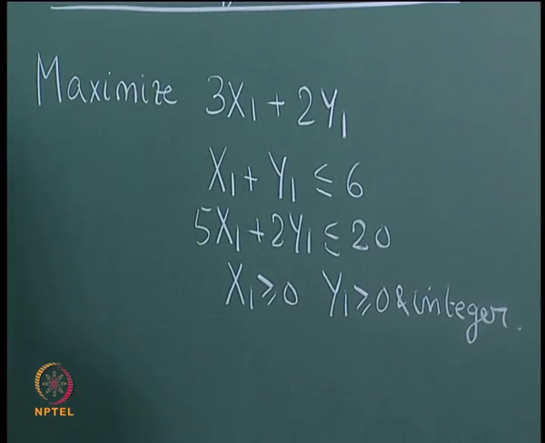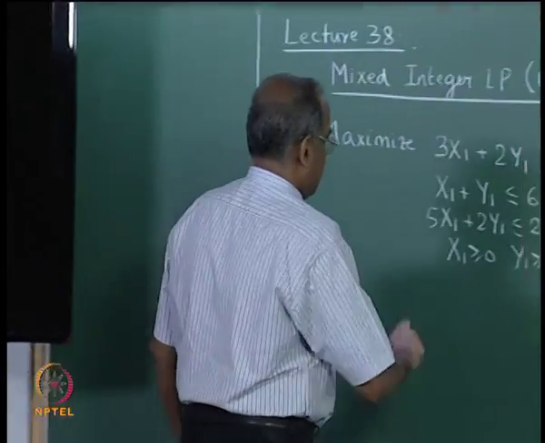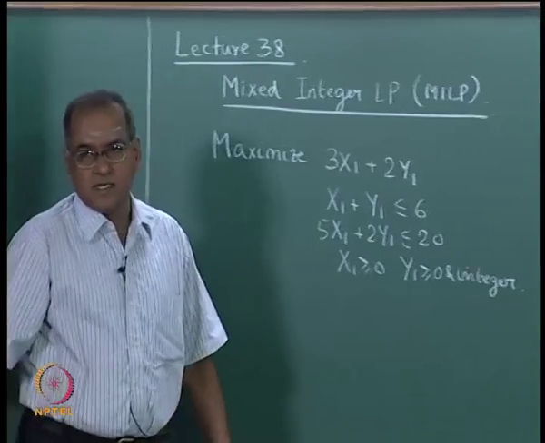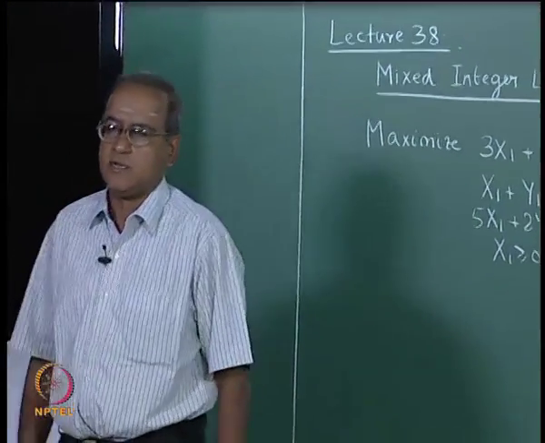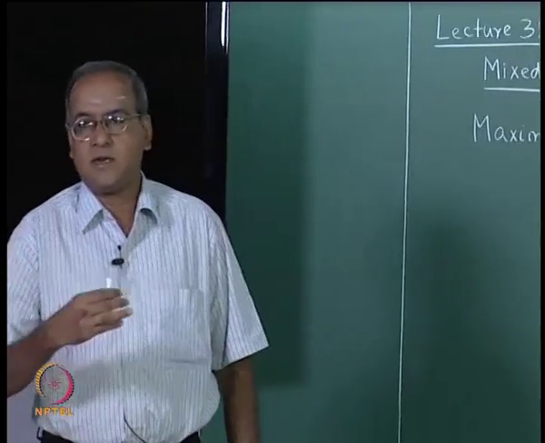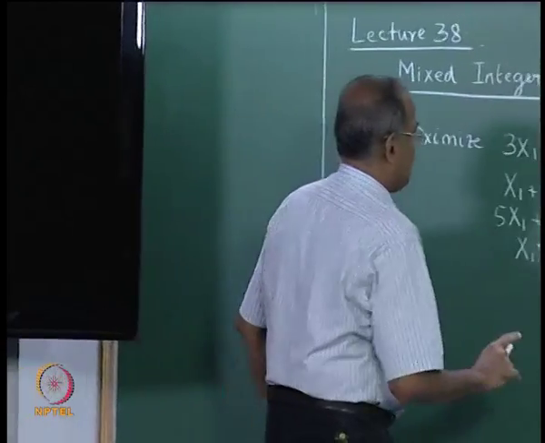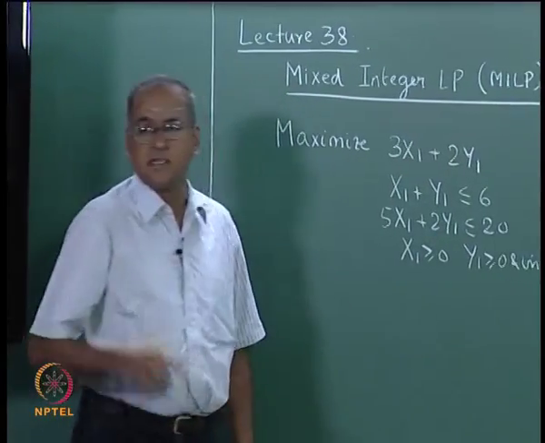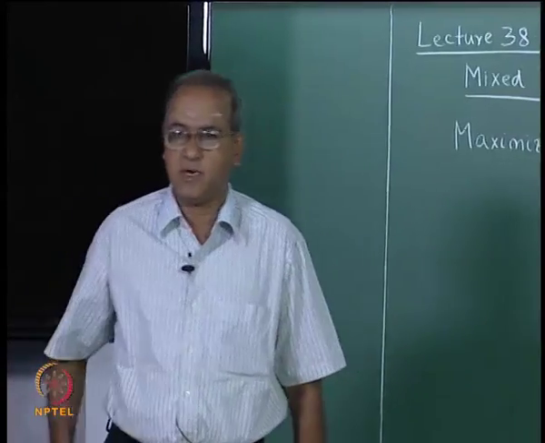We have used both x and y as variables. Because a mixed integer linear programming problem has some variables that have to be integers and some variables that can take continuous values, it is good to use a notation by which the x variables represent the continuous variables and the y variables represent the integer variables.